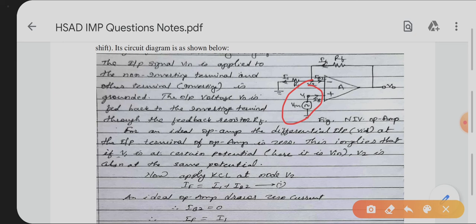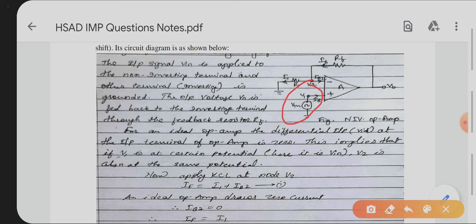In the first case, that is the inverting amplifier, we saw that if V1 is equal to 0, then V2 is also equal to 0. That concept was the virtual ground concept. Here if V1 is equal to V in, V2 is also virtually equal to V in, meaning whatever voltage is applied at V1, the same voltage will be at V2. This is called the virtual short concept.